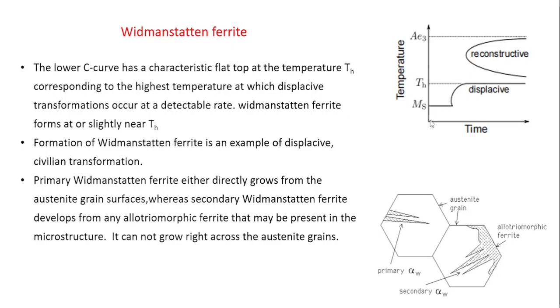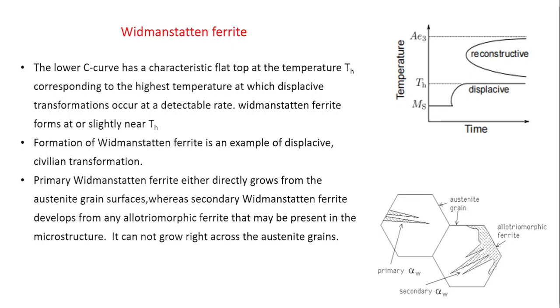And below a typical temperature, which is designated MS, the transformation is displacive and multi-type of transformation known as martensite. There is a temperature which is represented here as the TH. This is the maximum temperature at which displacive type of transformations can take place.